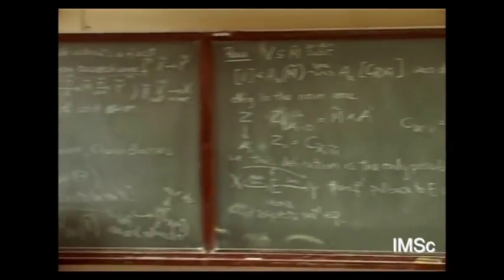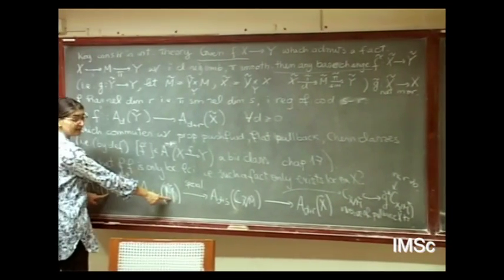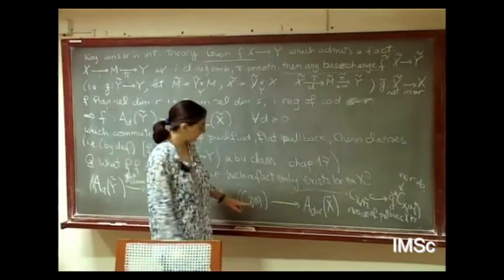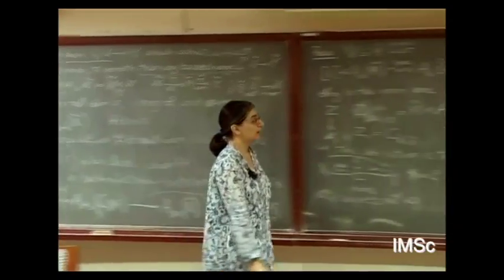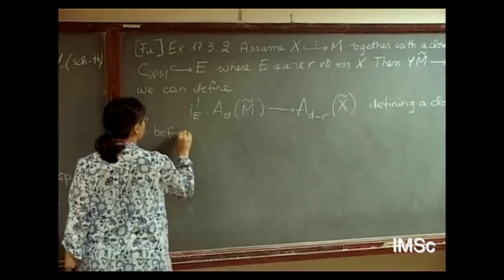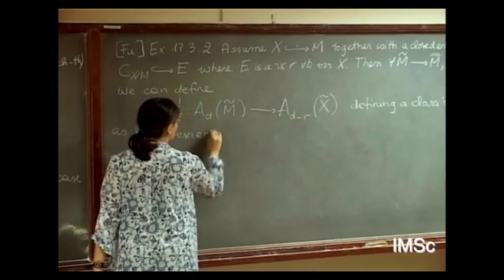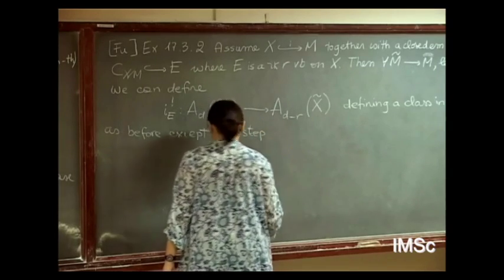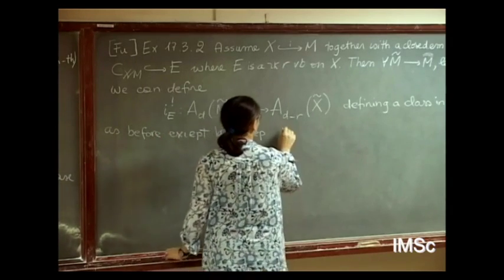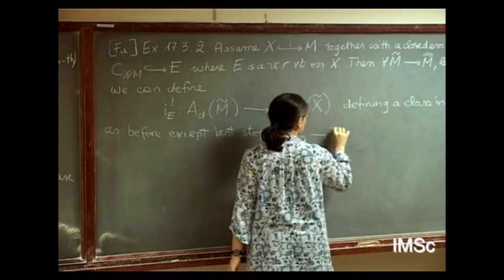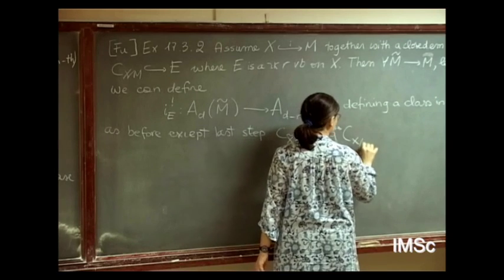So notice the analogy here. Well, this step is not there because Y is the same as M, so there's no pullback. And this step here is the same degeneration as before, except the last step is we embed C X twiddle M twiddle in G twiddle, the pullback of CXM.